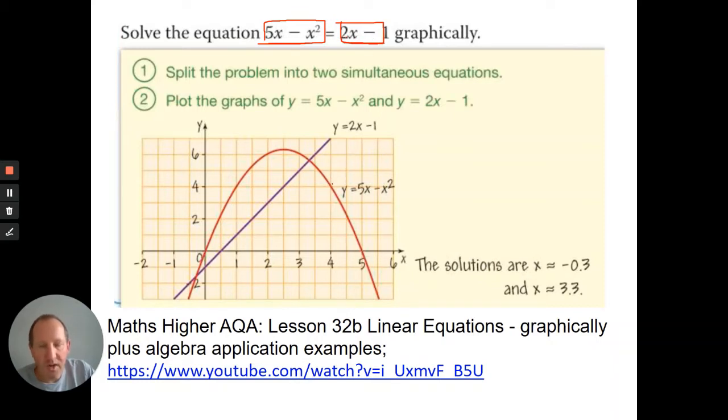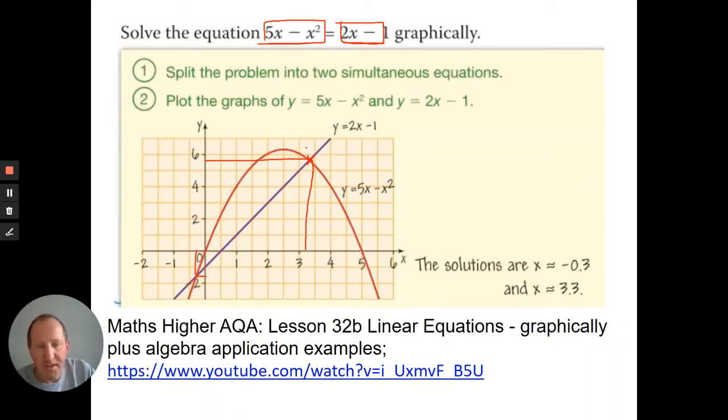When you've got a quadratic and a linear, they'll cross in two places and you get two solutions. And you simply read these off. So we read this off. x is 3.3 and y looks to be about 5.7, and then for this one x is minus 0.3 and y is minus 1.7.